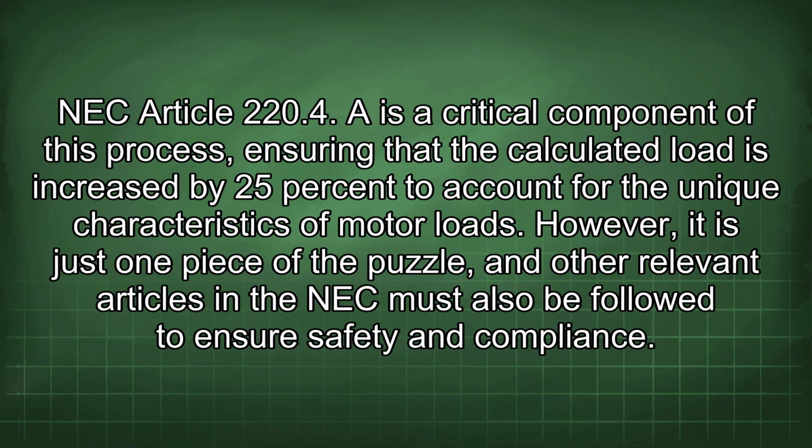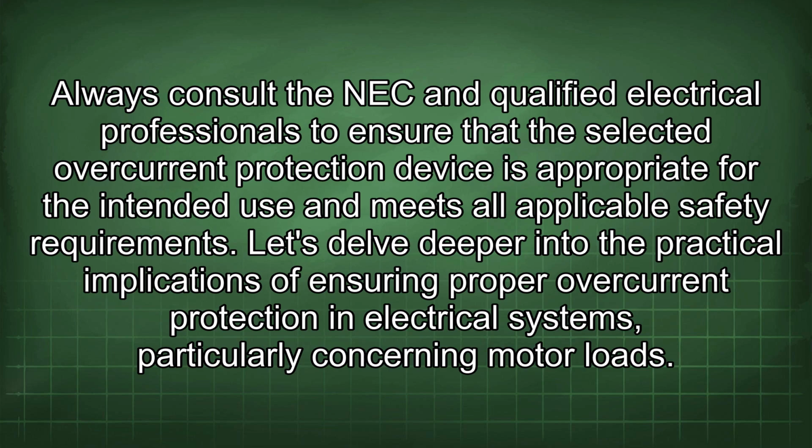NEC Article 220.4 is a critical component of this process, ensuring that the calculated load is increased by 25% to account for the unique characteristics of motor loads. However, it is just one piece of the puzzle, and other relevant articles in the NEC must also be followed to ensure safety and compliance. Always consult the NEC and qualified electrical professionals to ensure that the selected overcurrent protection device is appropriate for the intended use and meets all applicable safety requirements.